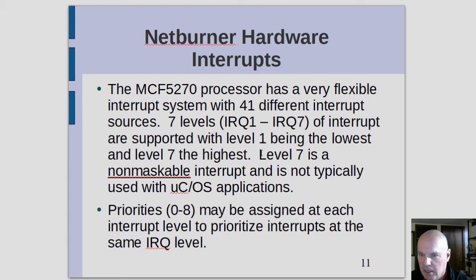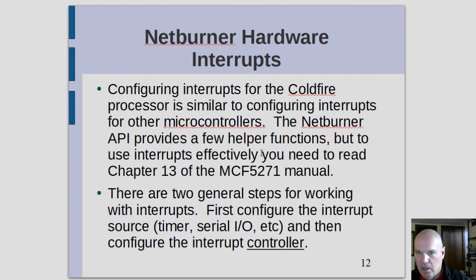Priorities may be assigned at each interrupt level to prioritize interrupts at the same IRQ level. So pretty flexible system. Configuring interrupts for the ColdFire is similar to configuring interrupts for other microcontrollers, but the NetBurner API does provide a few helper functions.